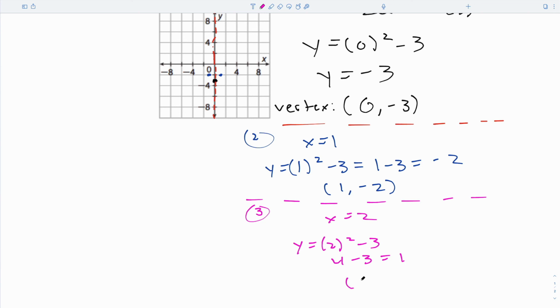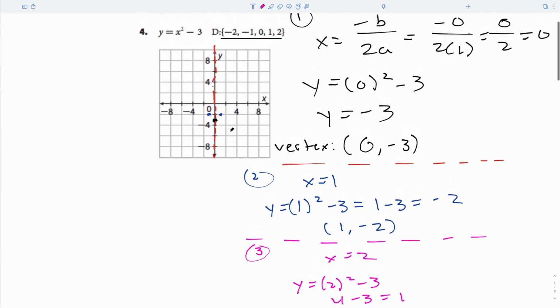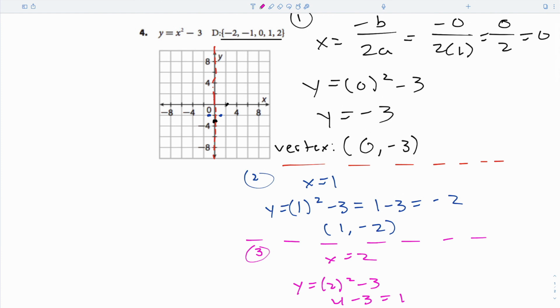So this one looks like it is going to be 2 comma 1. Okay, go over 2, go up 1. Remember, we're counting by 2's. Go over 2, go up 1. All right, there is our finished parabola. Connect the dots, and you're on to problem number 1.